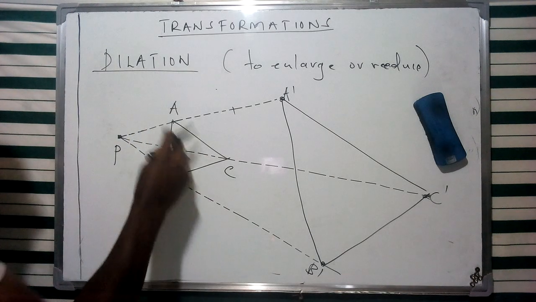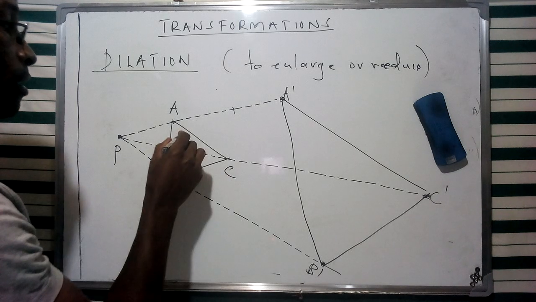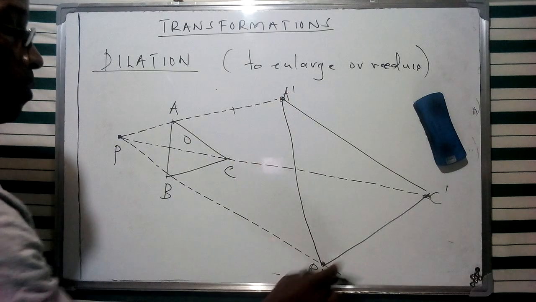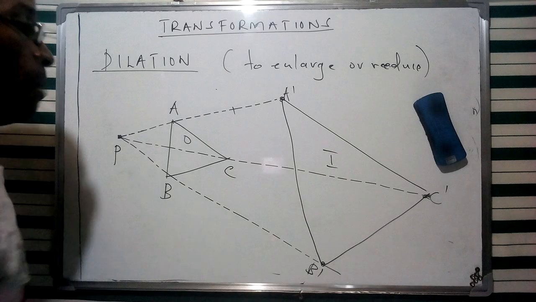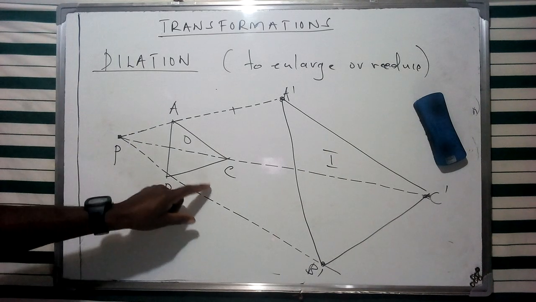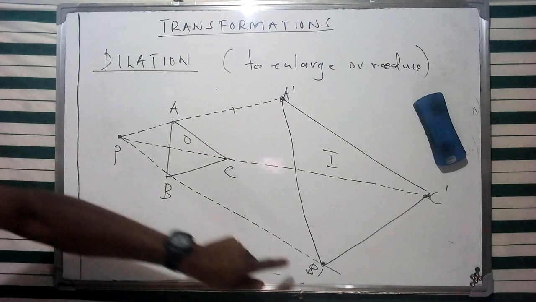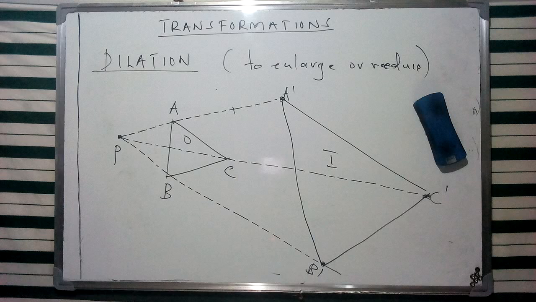So ABC constitutes my object, and A prime, B prime, C prime constitutes my image. The process of transforming ABC from this center point to A prime, B prime, C prime is referred to as the process of dilation.